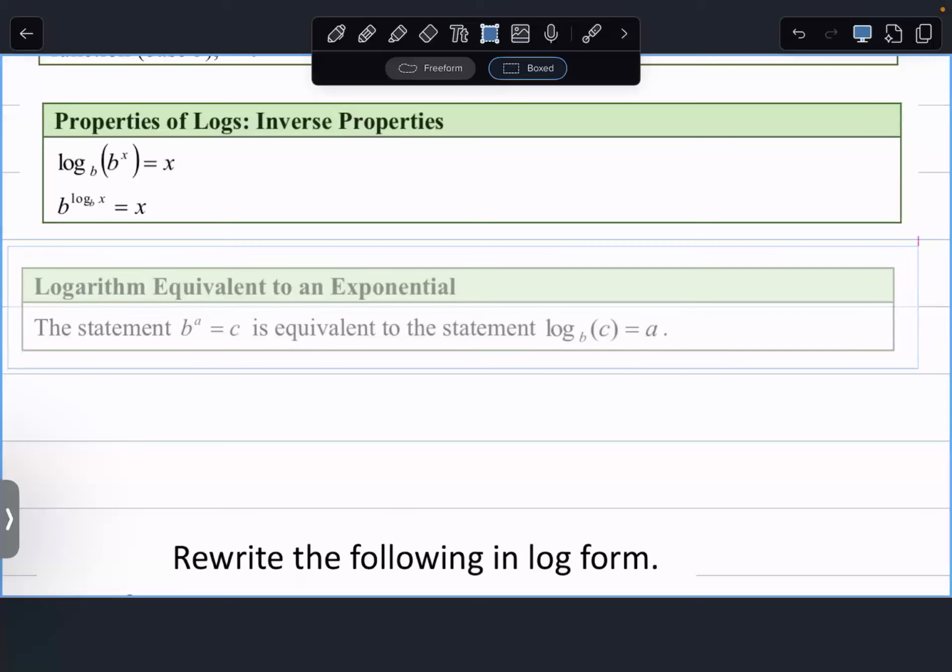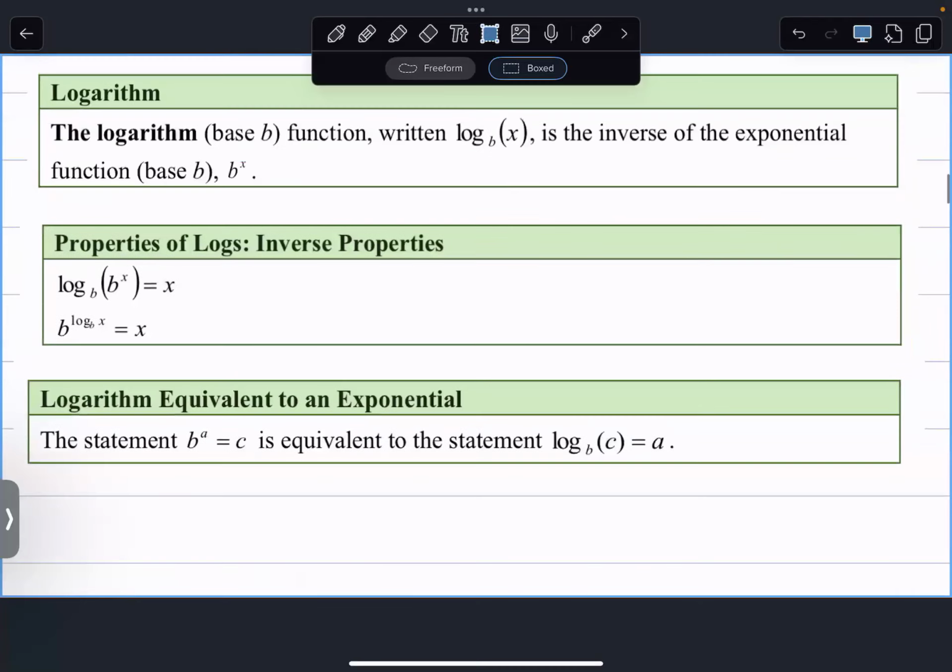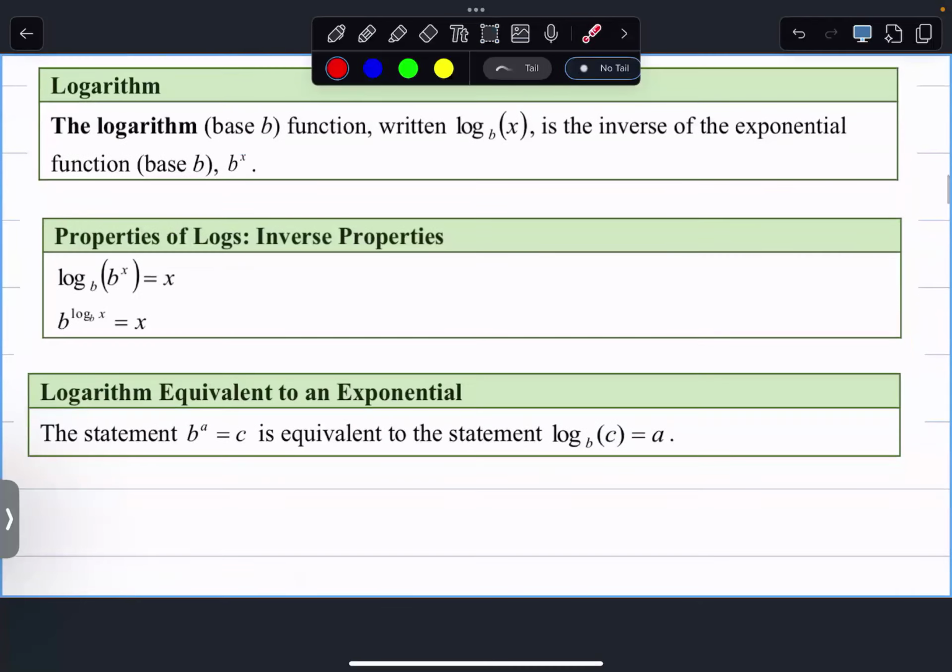I'll just read ahead, I guess. How I'm going to read it is b to the power of x equals whatever's inside the log. But notice the relationship here is that log base b of b to the power of x just drops out the x.